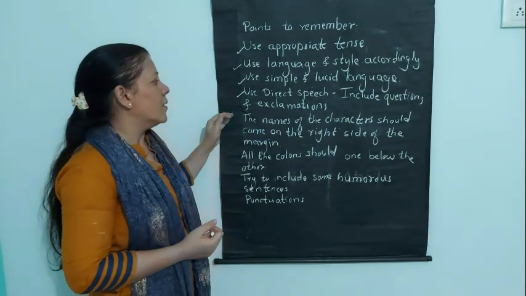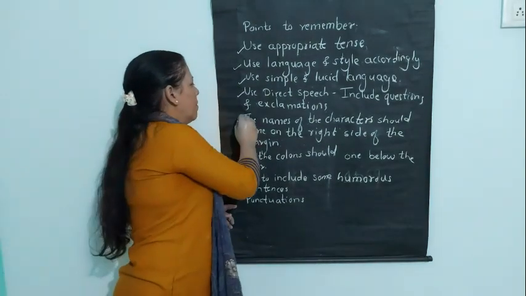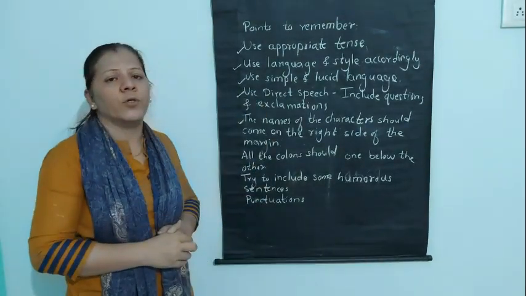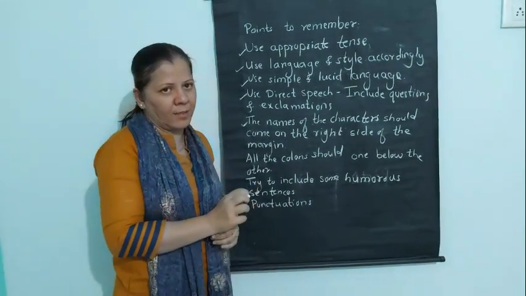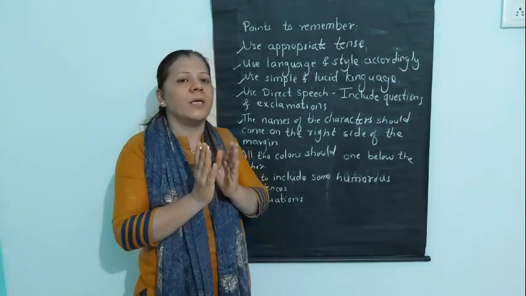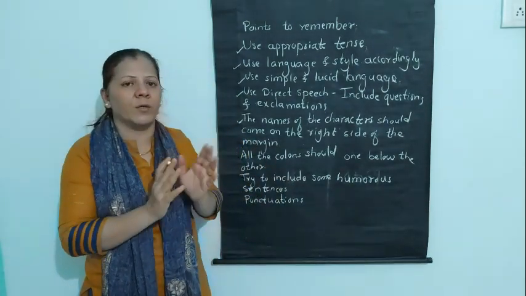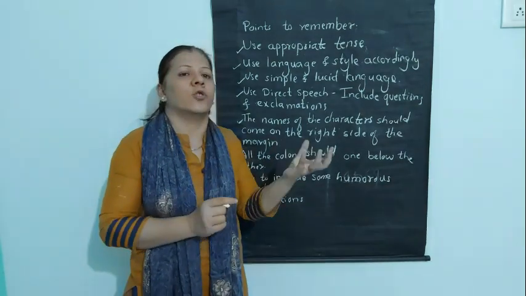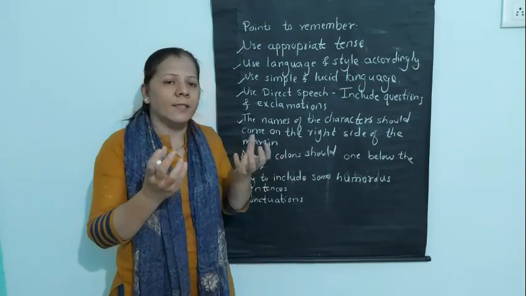Next, the names of the characters should come on the right side of the margin. Whenever you write dialogues, you have to write the names of whose dialogues they are, and you have to be in the character. If you are asked to write a dialogue between, suppose, a shopkeeper and a customer, you have to play the role of the shopkeeper as well as the customer at the same time.